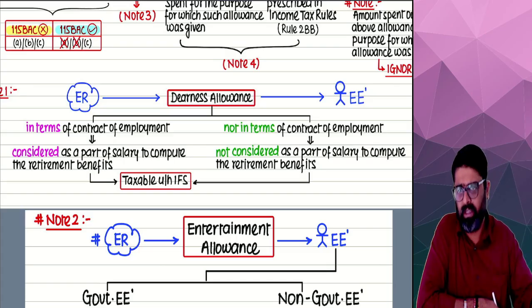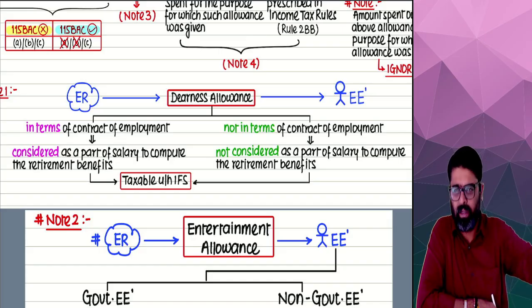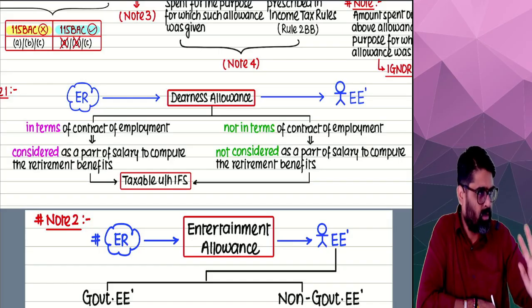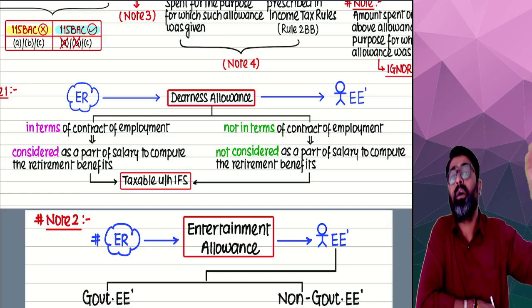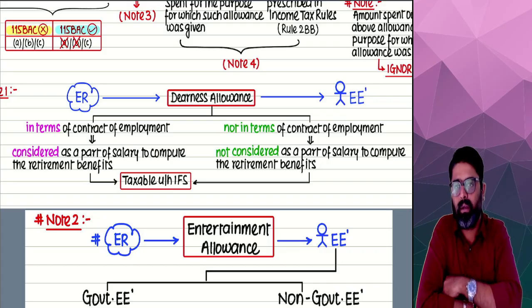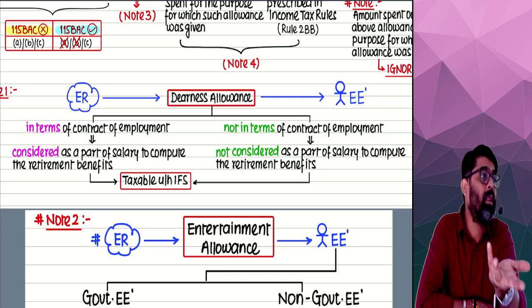So instead of changing the contract, what did your employer say? Keep the contract the same. As per the contract, whatever I am supposed to give, I am going to give. But this DA, even if not written in the contract, I will give you extra. Possible or not? So the DA which you are getting is not in terms of the contract. Still you can get that DA.